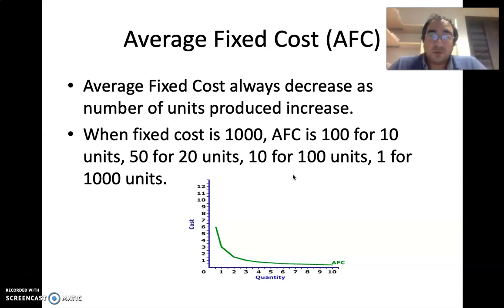When you produce 10 units, average fixed cost is 1,000 divided by 10. The fixed cost itself is the same, but you produce more, so the average fixed cost will be 100. And when you produce 100 units, it will be 10, because the fixed cost will again be the same, 1,000, but now you divide it by 100. So average fixed cost is always decreasing when you produce more.